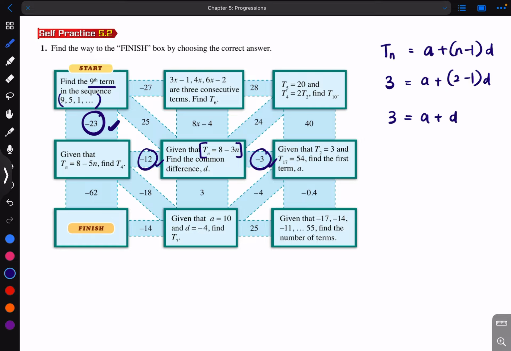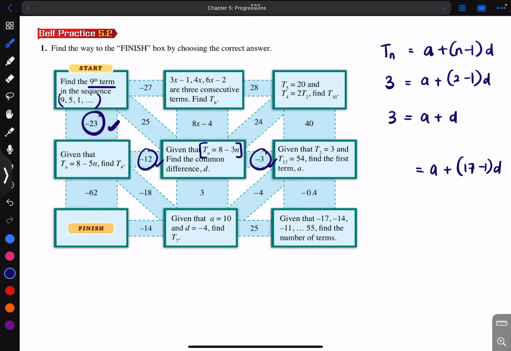Right. And then we can do the same thing for T17. So 17 we sub inside here. We can say T17 is A plus 17 minus 1 D. And we know T17 is 54.